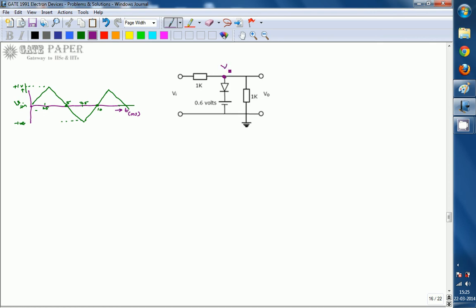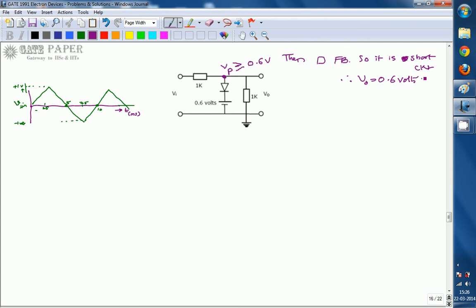Let us assume the voltage on the P side is Vp. If Vp is greater than or equal to 0.6 volts, then the diode will be forward biased and can act as a short circuit. Then the output is going to be constant at 0.6 volts whenever the diode is shorted.